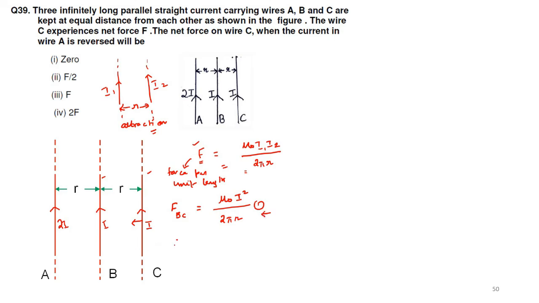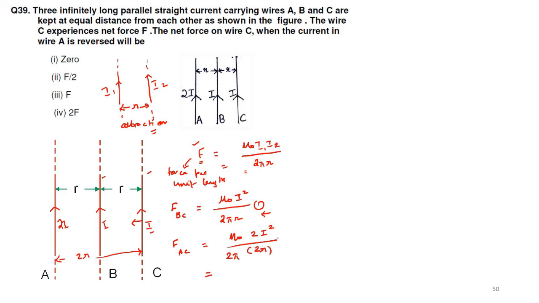Then the force between A and C, this is the force on C in fact, per unit length, again mu naught I1 I2, this time I and 2I, so 2I square by 2 pi, but the distance between A and C is 2R, 2 pi into 2R.